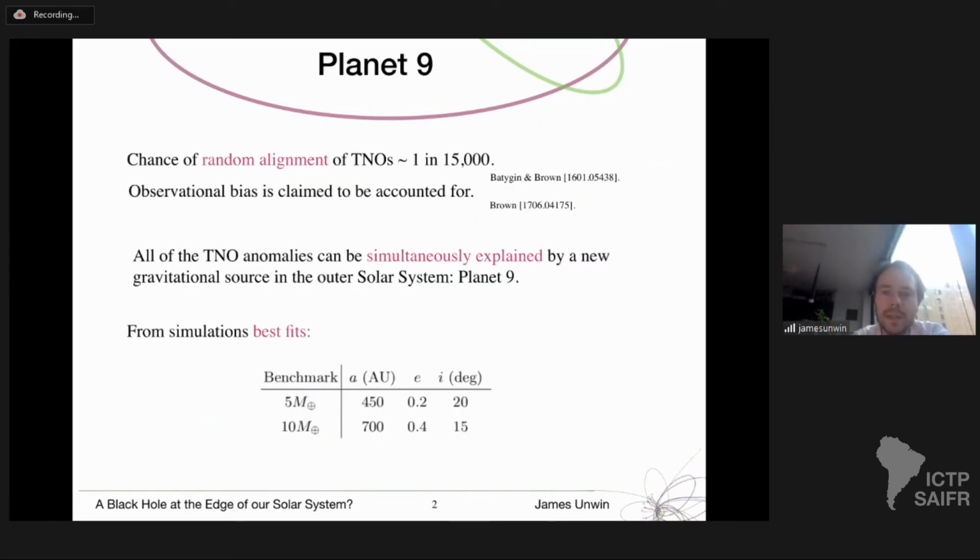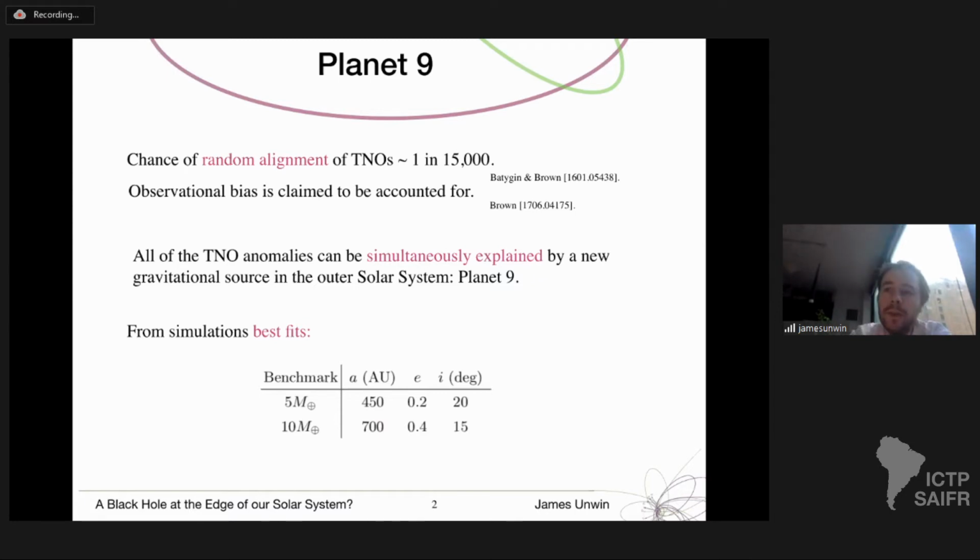To get to the bottom line, the idea is that you can't explain the positions and existence of these objects, in particular the alignment of these trans-Neptunian objects, through chance or through observational bias.